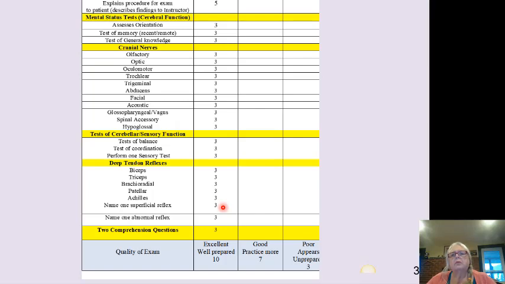We'll talk about superficial reflexes, but the abnormal reflex would likely be getting a positive Babinski reflex. So we're going to look at all of those during class and during Debbie's video, and we'll go from there.